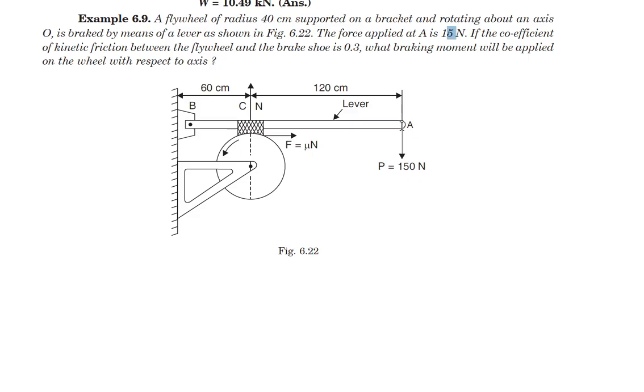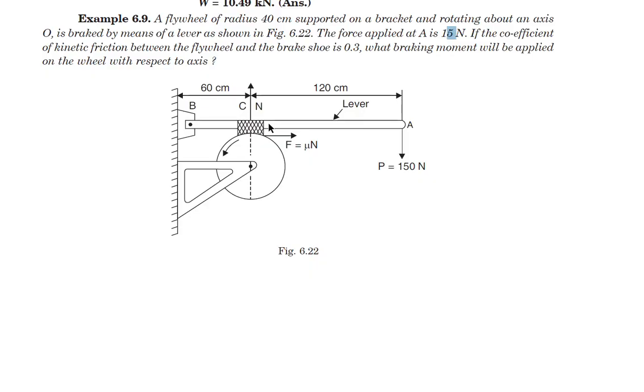Now, how we have to solve this problem is we will find the total friction force over here, considering that N is the reaction at this shoe between the shoe and the wheel. So the total friction force will be F equals μ into N, where μ is the coefficient of friction.